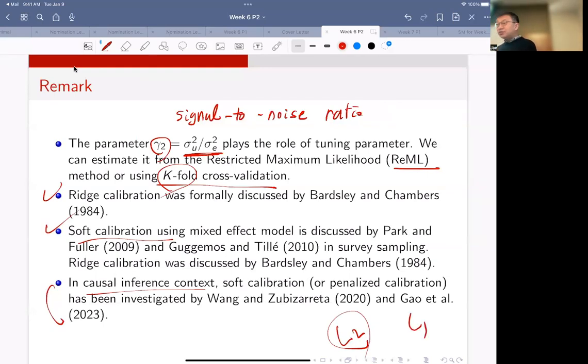But you can use L1, or other model selection criteria. The theory behind all this is not fully investigated in the literature. So I think this is a promising area of research. Okay, that's for now.